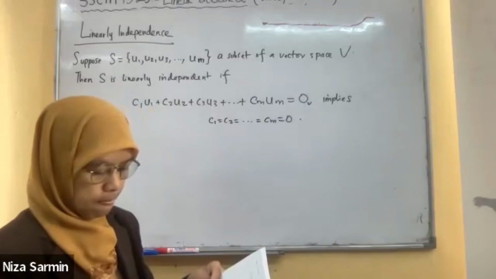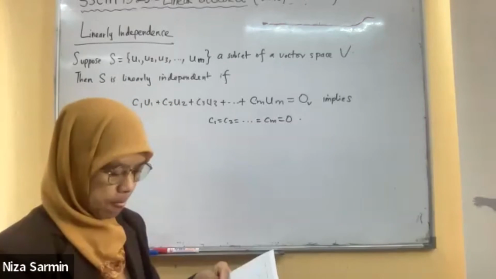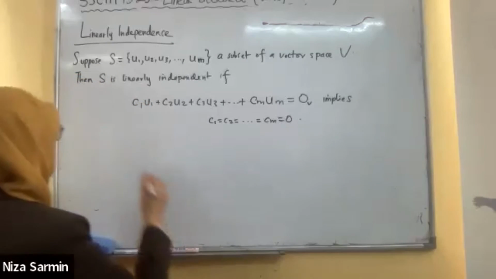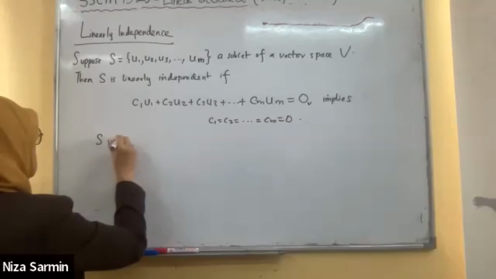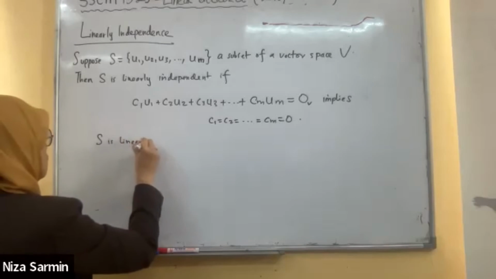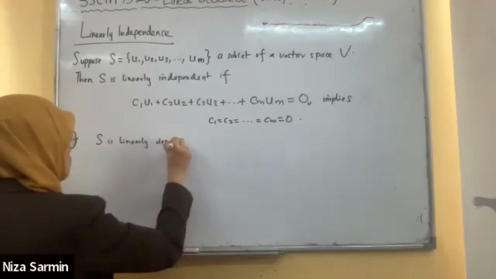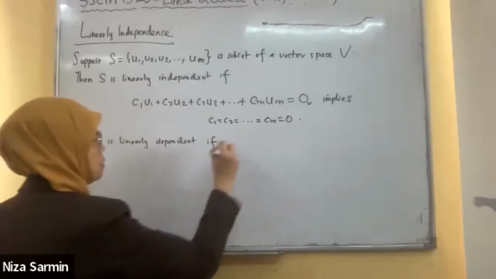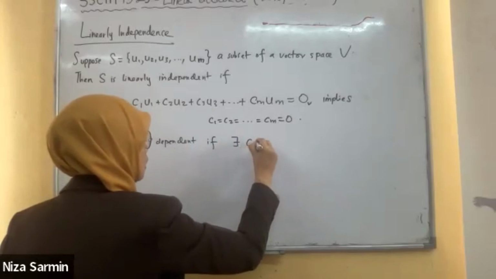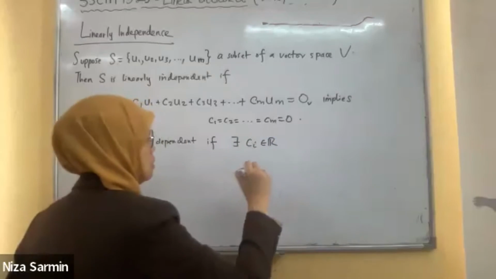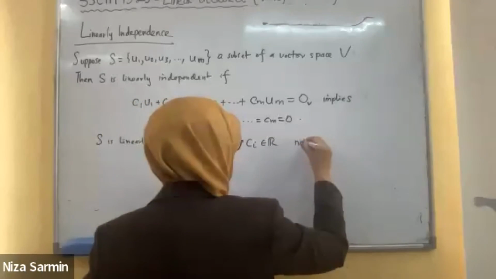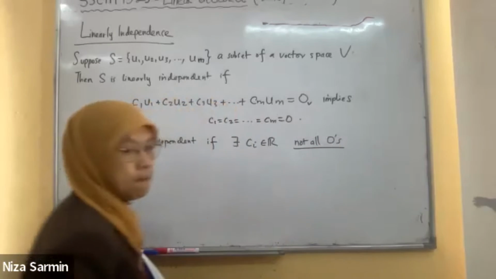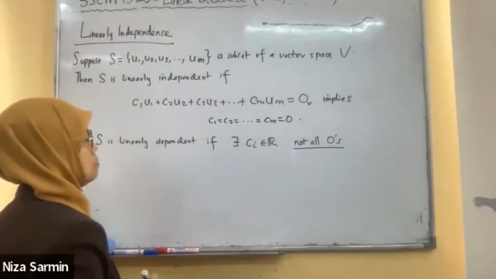Okay. So I will say S is linearly dependent if there exists Ci in R not all 0. Okay.